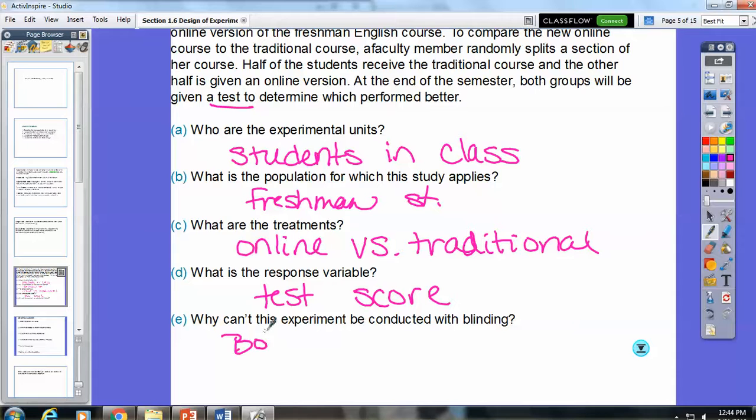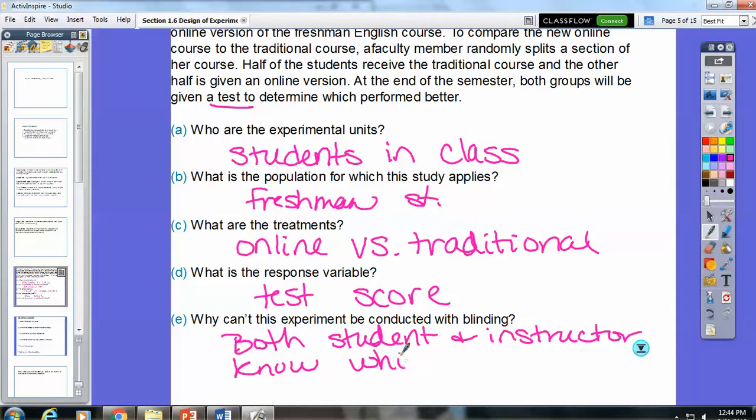So both the student and instructor know which course is being taken. So there is no possibility of blinding in that scenario.